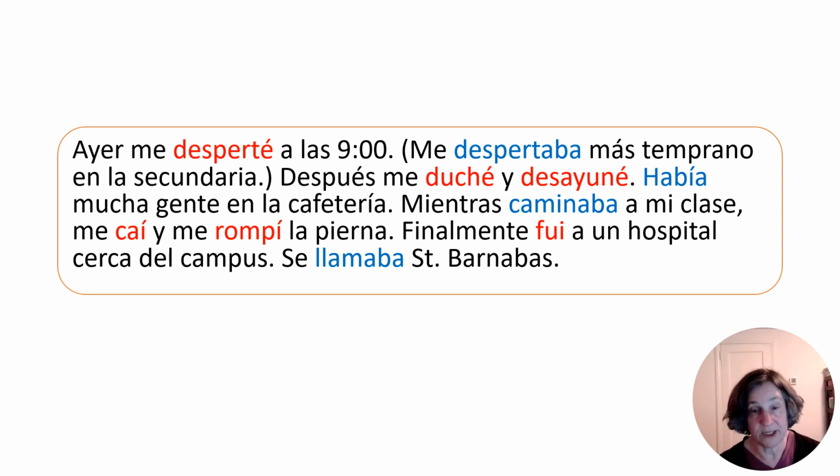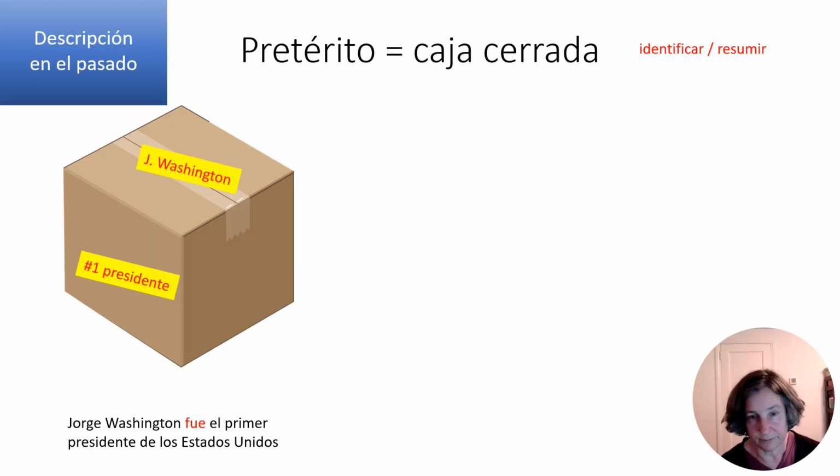Se llamaba St. Barnabas. The other metaphor that I find useful for preterite versus imperfect has to do with when you're not narrating the past per se, but you're just describing something. And I like the metaphor of the pretérito as something like a label that you put on a closed box, a caja cerrada.